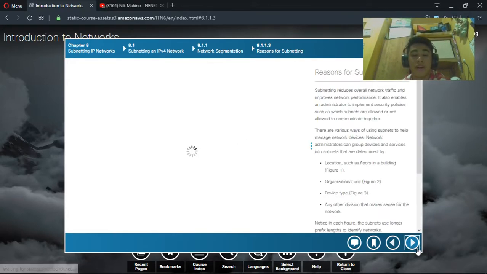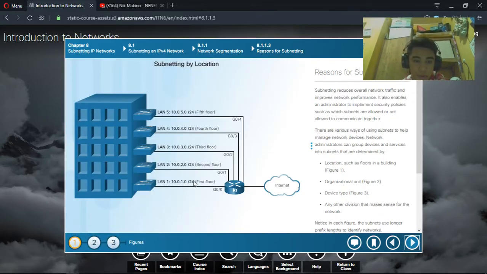Then the reasons for subnetting. For example, subnetting reduces overall network traffic because what subnetting does is divide the devices per router. For example, this LAN 5 is connected to gigabit 0/4, this LAN 4 is 0/3, and this LAN 3 is 0/2, up to gigabit Ethernet 0/1.